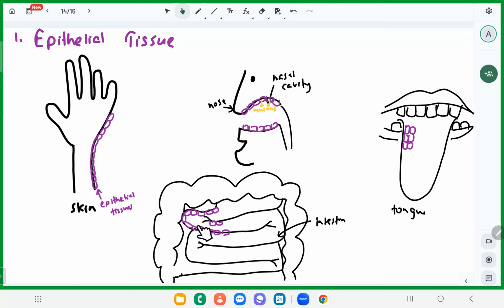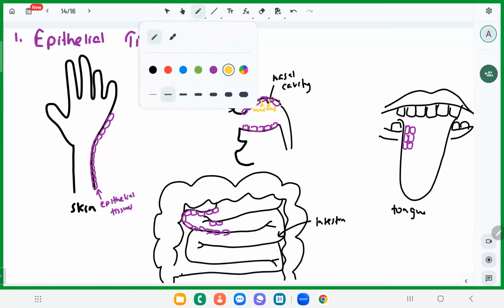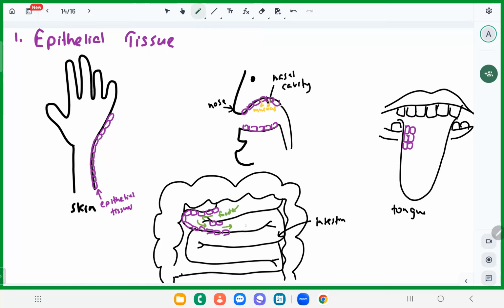And if we take the epithelial cells in the intestines and the digestive tract, these epithelial cells have a different function to do. See, within these intestines, there is food that is going through these intestines, right? Digested food products. The nutrients that you have eaten are going through the inside of these intestines.